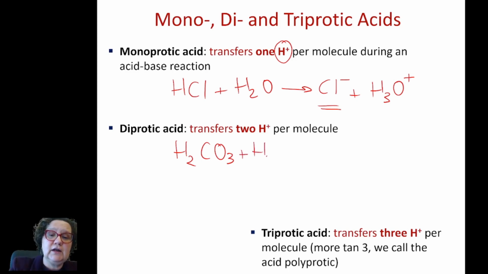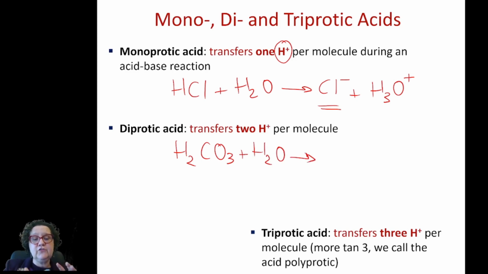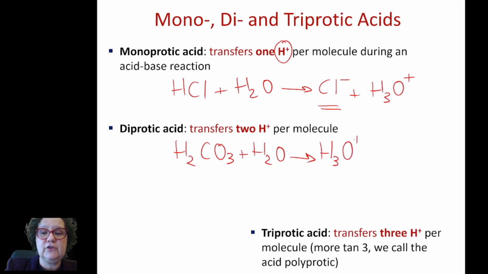So let's have a look at the first reaction. You would have the compound H2CO3 donates one hydrogen ion to the water. And I'm going to start from the water this time because it's the easiest one. So you make one H3O plus, hydronium ion. What do you have left behind?